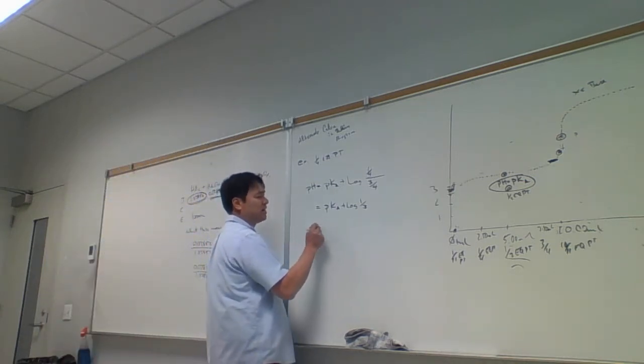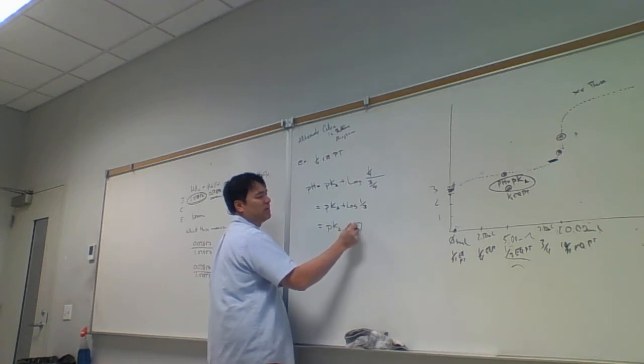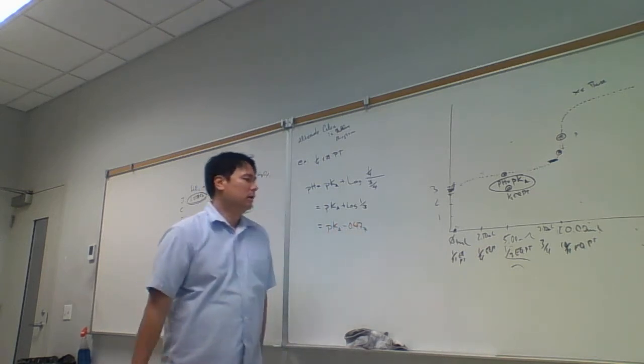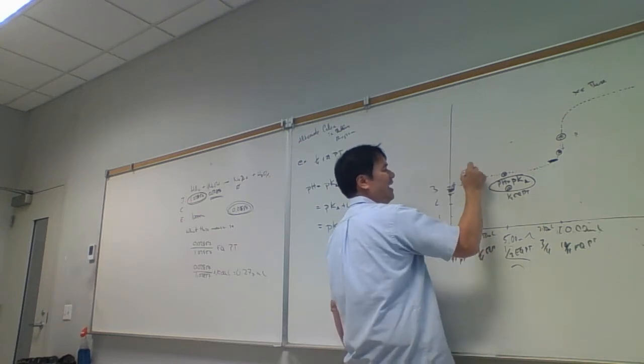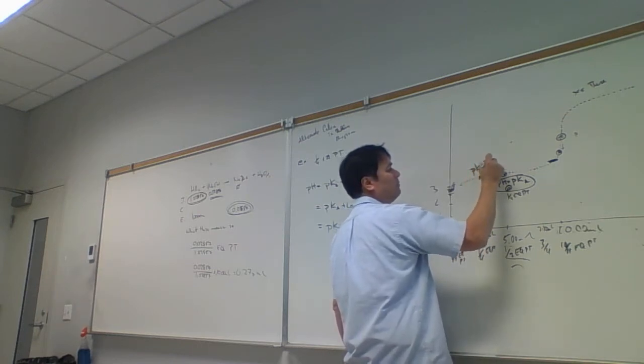Minus 0.477. So this is pKa minus 0.477. And so at the 1/4 equivalence point, I have the pKa minus 0.477.